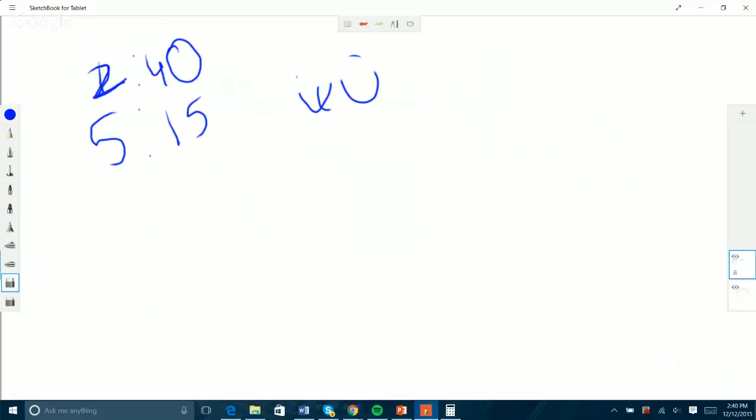So let's find out. Let's try this. Since 40 is bigger than 15, we could easily try this. And 10 minus 5 is 5, 1 minus 3 is 2.